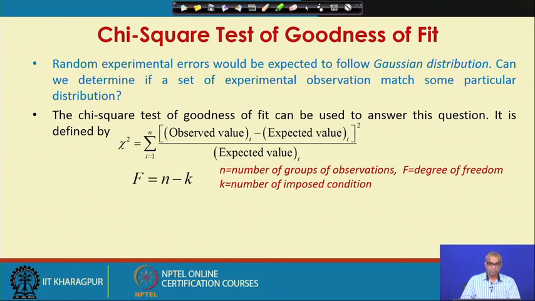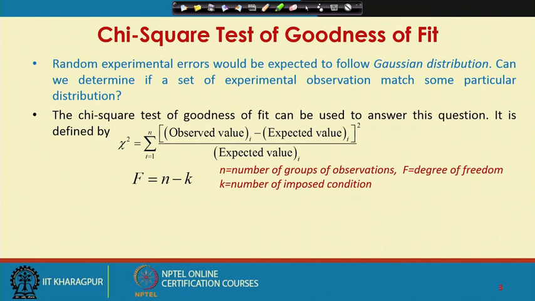We have discussed that random experimental errors are expected to follow Gaussian distribution or normal distribution. Now, let us say you have a set of observations, you have performed some experiments in the laboratory. Let us say you have measured a pressure or a temperature and obtained a set of data.